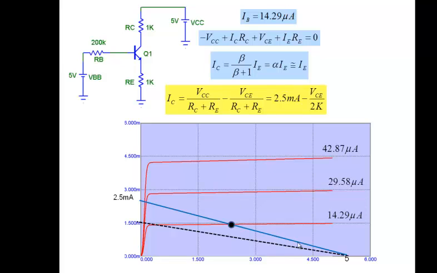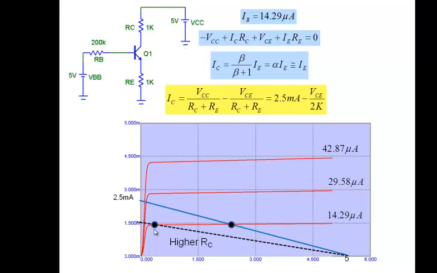What is this for? Higher RC, everybody sees. If I increase RC, what happens to the load line? Note this equation here: IC = VCC/(RC+RE) - VCE/(RC+RE). If you replot it for a different value of RC, you find this is what the load line becomes.